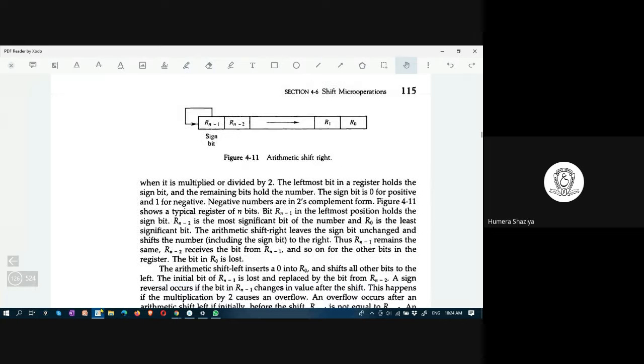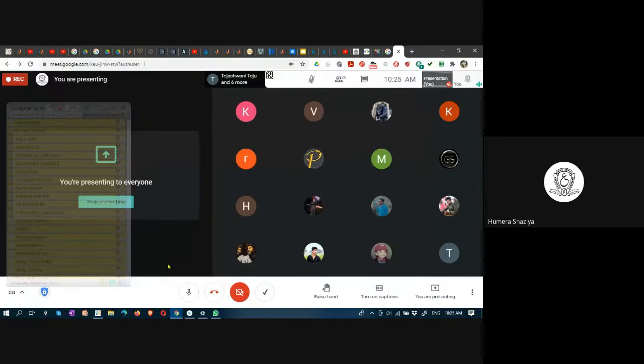Look at this register. The leftmost bit is a sign bit. When you are representing numbers in negative form, this bit denotes the sign. And what is the sign bit for a negative number? It is 1. For a negative number, the sign bit is 1, and for a positive number, the sign bit is 0.